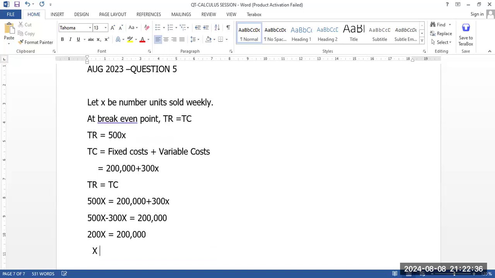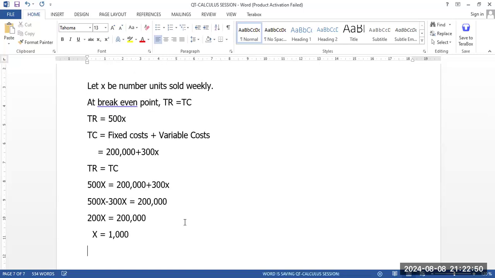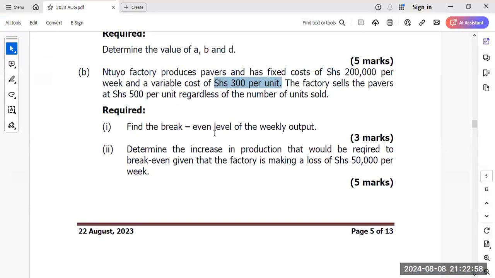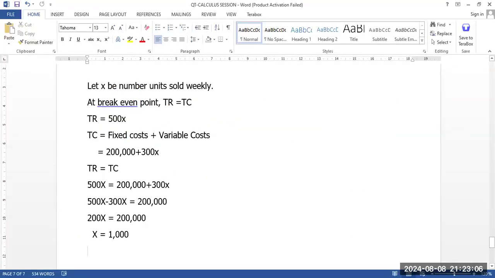And finally, your X is equal to 1,000. So to break even, you need how many units? 1,000 units. 1,000 pavers. To break even, you need 1,000 pavers. And you're done with that part.